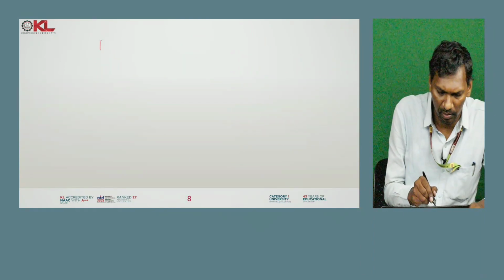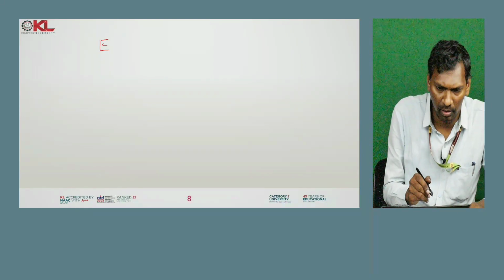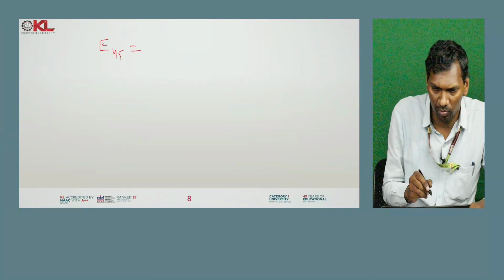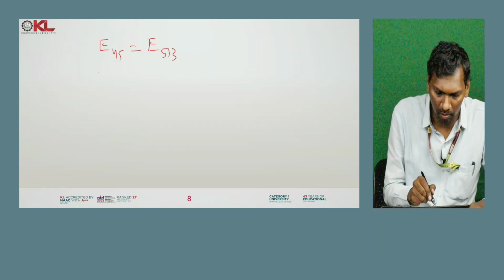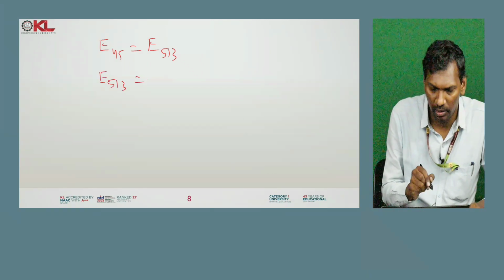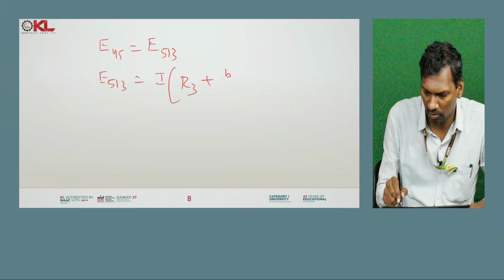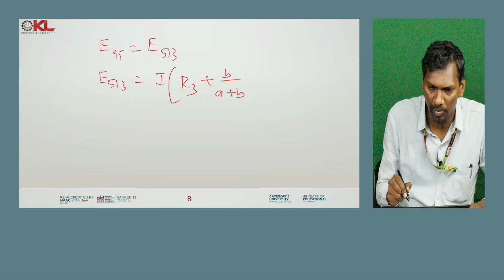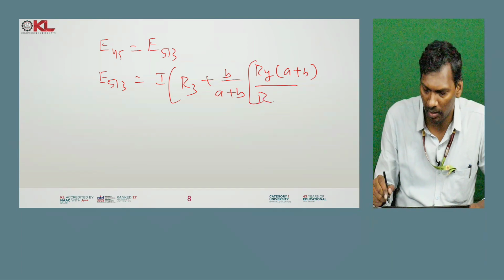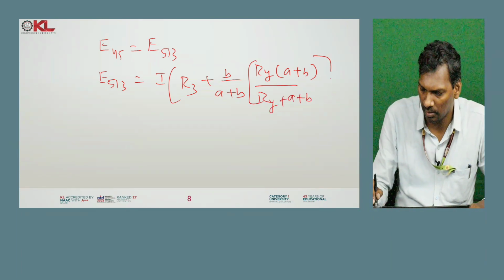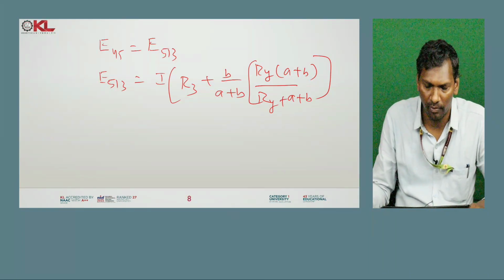And now the equation E45 is equal to the voltage across the 5, 1, 3. Now the voltage across the 5, 1, 3 is given as I into R3. If we solve this equation, we will get B into Ry into A plus B divided by Ry plus A plus B. And we know that E45 is equal to E513.